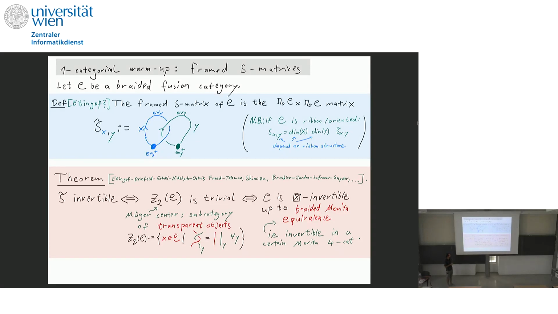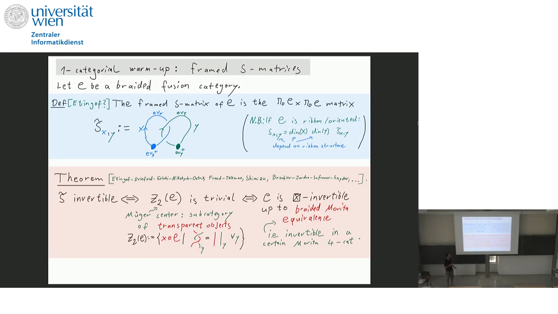This is invertible if and only if the so-called Müger center of this category is trivial. The Müger center is the subcategory of transparent objects. It's the objects X in C that braid trivially with every object in the category. And this is true if and only if C is invertible up to a certain form of Morita equivalence, up to the correct notion of Morita equivalence for braided categories.